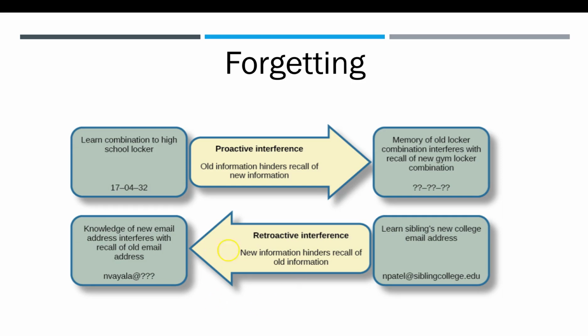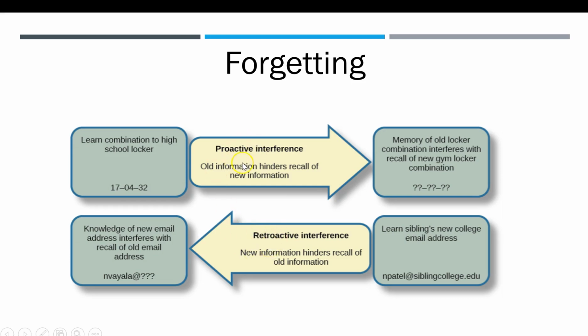You could kind of remember this from the subwords here. So pro versus retro. Anything that's retro is based in the past. And so our ability to learn new information is hindered from this retro information.